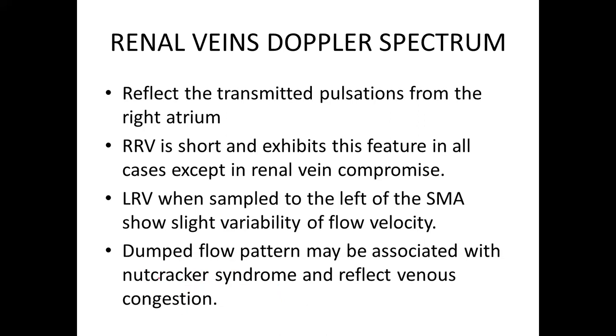This phenomenon can also be described from another perspective, whereby that compressed left renal vein will also affect proper drainage of the left testicular vein. Remember, the left testicular vein empties into the left renal vein. So it means there is compromised flow there, which will be affecting the left testicle in males, right? So those affected testicles may be referred to as the nut there, which has been cracked.